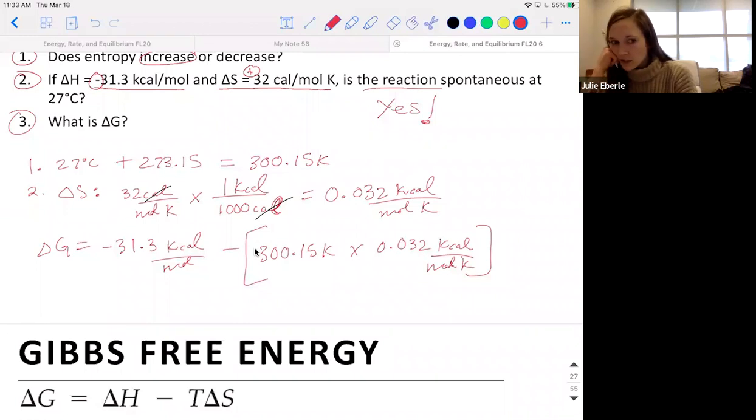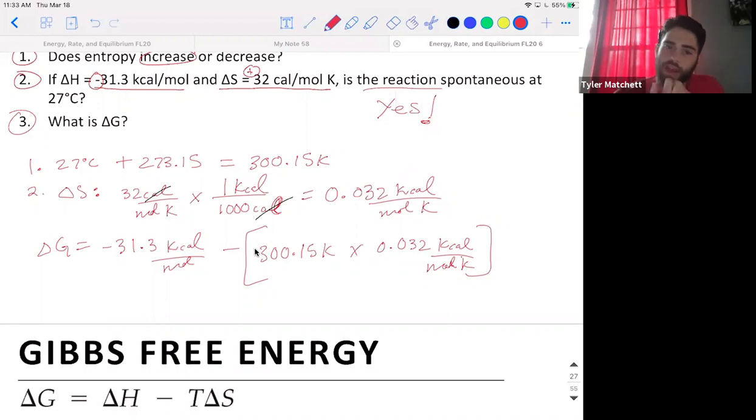I want to say you should get a negative number because we said it's going to be spontaneous. So delta G should be negative. Okay, Allie, double check. Other people are saying they got negative 40.9. I got negative 40.9, but that was when I just plugged it all in as a whole, using my calculator on my phone. That's fine too.